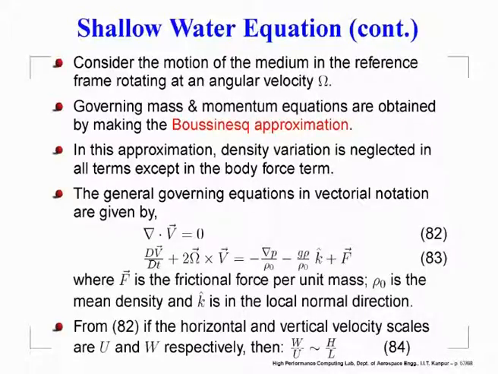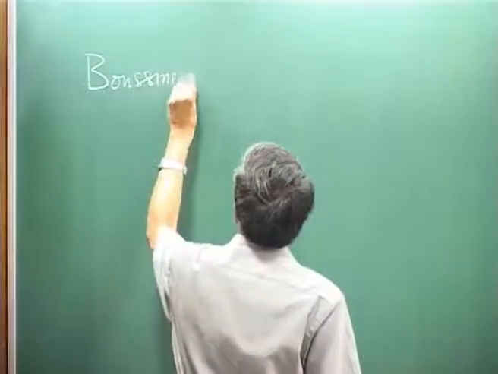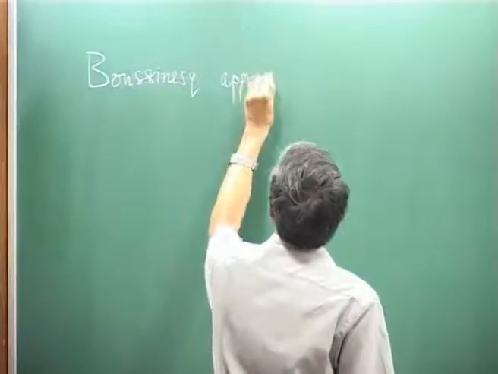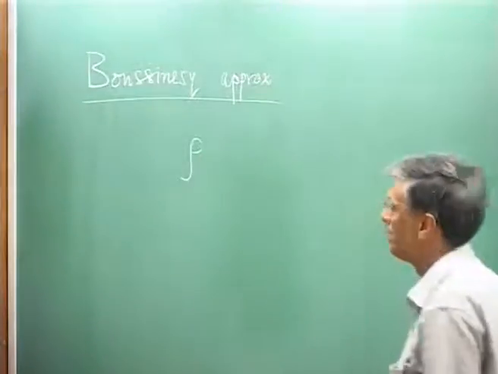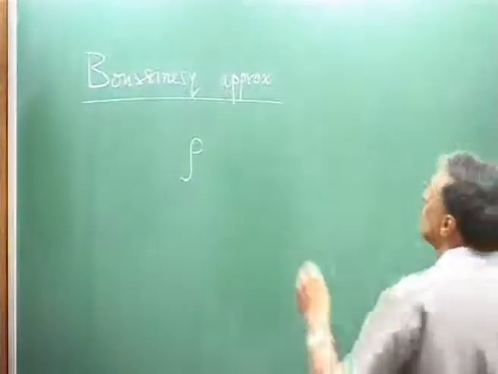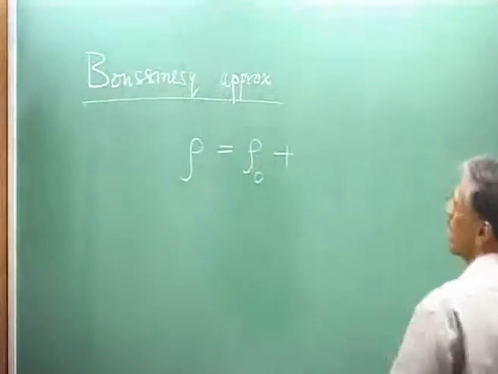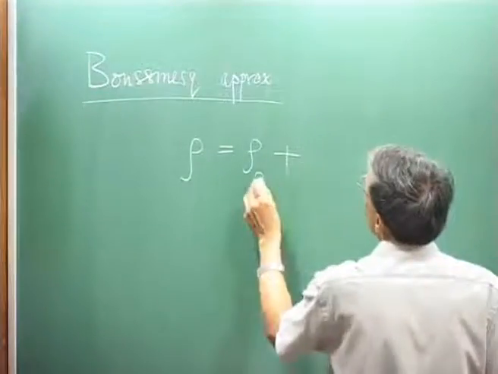Boussinesq approximation implies that if I take the density rho, then I will add to it some nominal value rho naught.